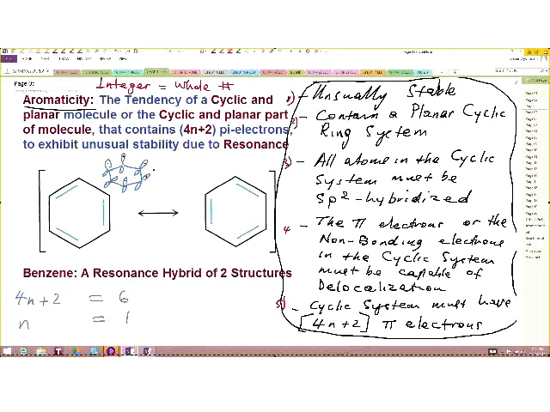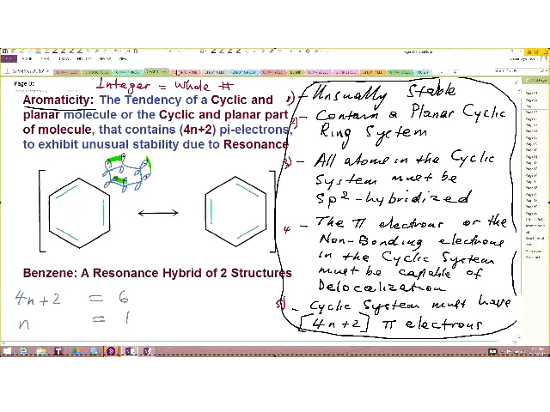The point I want to make here is that all of the pi electrons in benzene are capable of electron delocalization. Keep in mind that this will overlap with this, will overlap with this, will overlap with this.